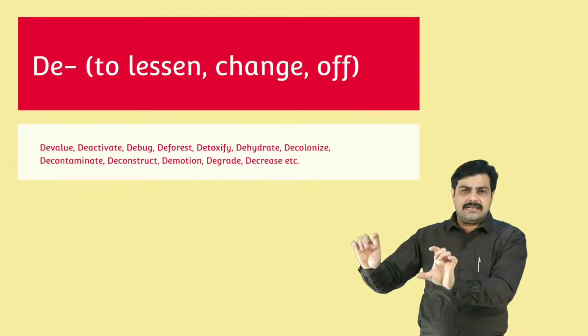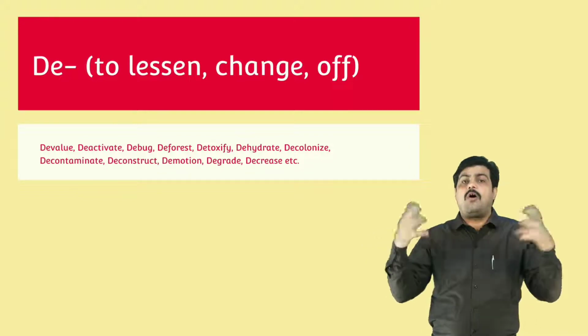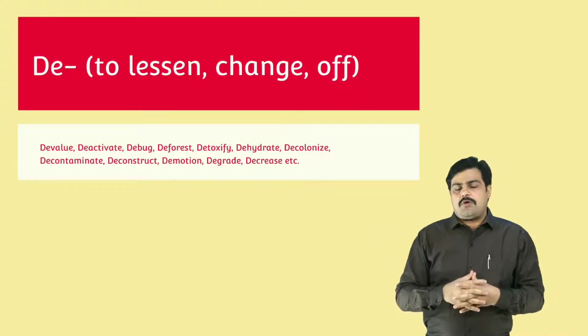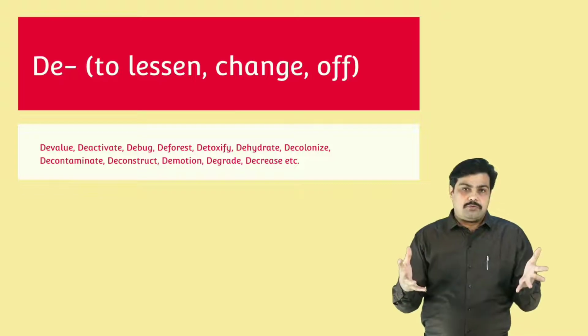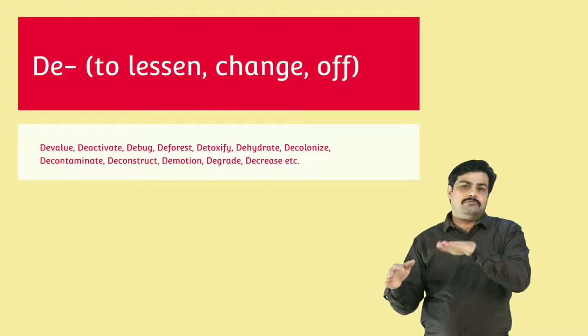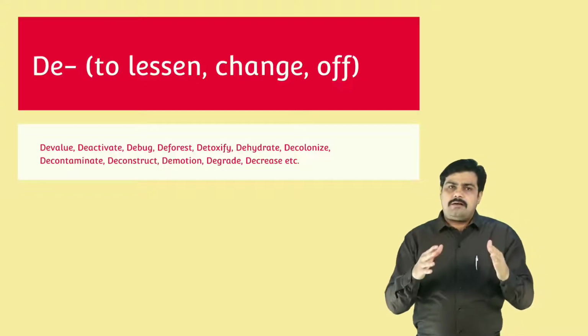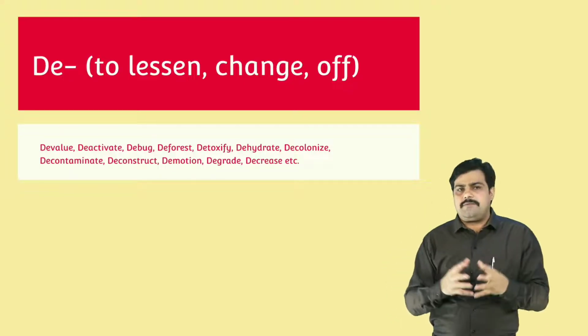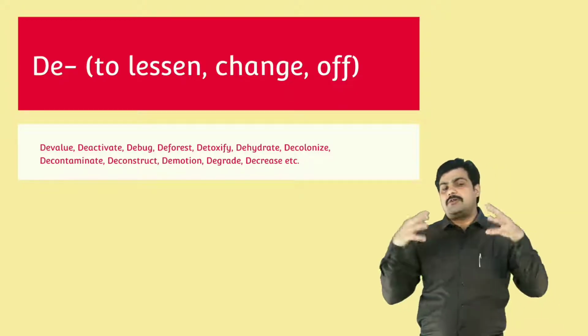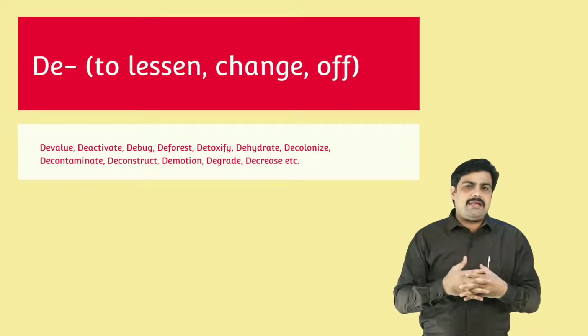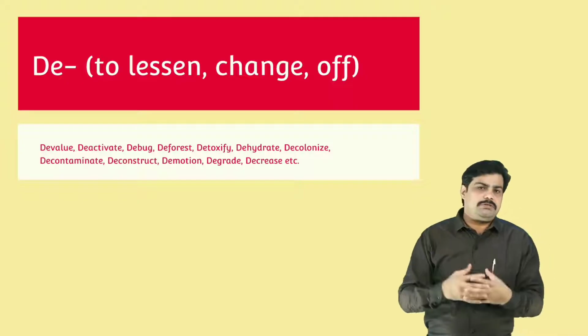We have the prefix de, meaning to lessen anything or change or off. So the words like devalue mean to lessen the value, deactivate, you understand, debug, deforest, detoxify, dehydrate, decolonize, decontaminate, deconstruct, demotion, degrade, decrease. With the help of some sentences, you can understand these words easily.